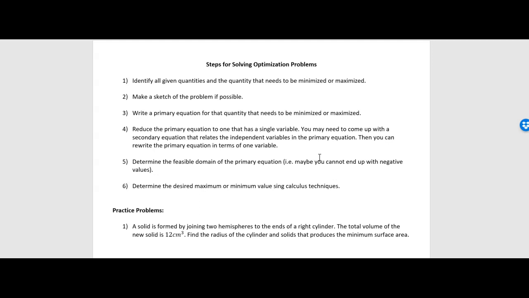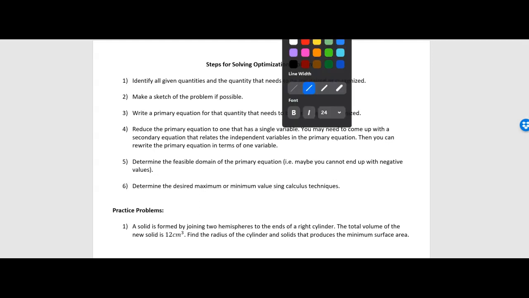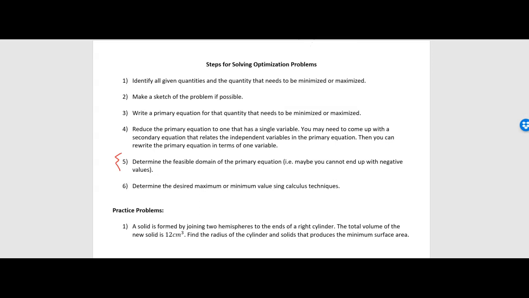We did take a look at what the domain of our volume equation could have been. We said that our x had to be on a domain of 0 to 4.25. It wasn't necessarily prudent that we did that for that specific problem because the only possible solution ended up being on the domain. So we wouldn't have messed up if we had just skipped that domain part.